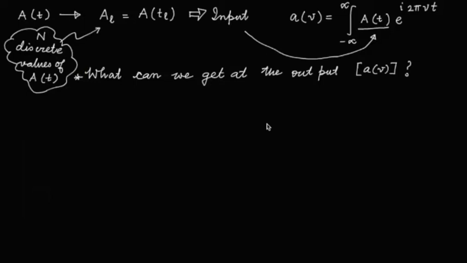Now, if you look at the Fourier transform relation carefully, you will see that with the inputs a, t, you are multiplying each input at each different t with some complex number, which is the exponential part, and then adding them up, right? Integration is the limit of a summation. I forgot the dt over here.